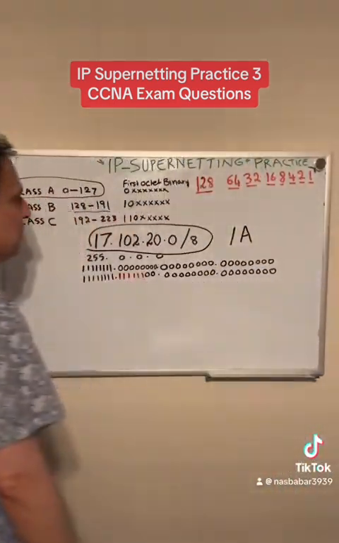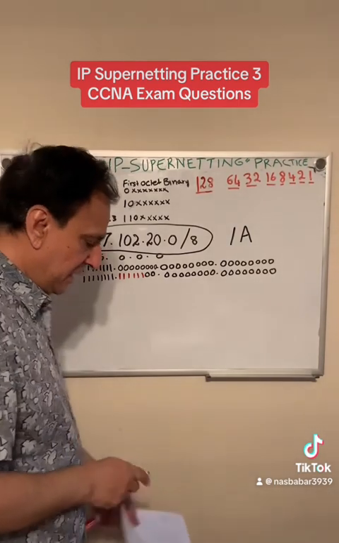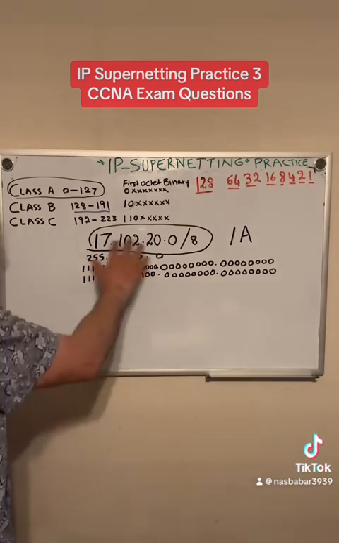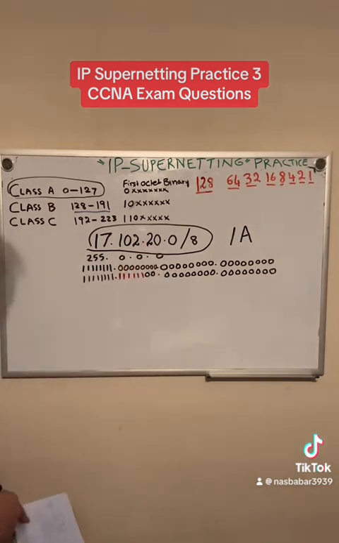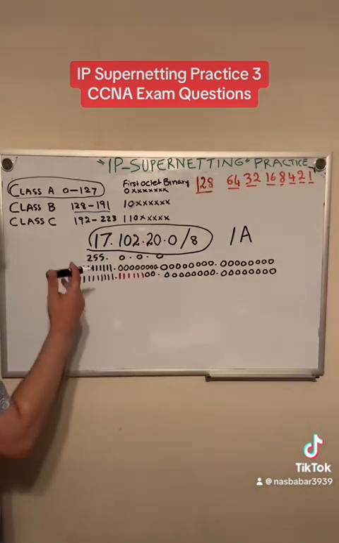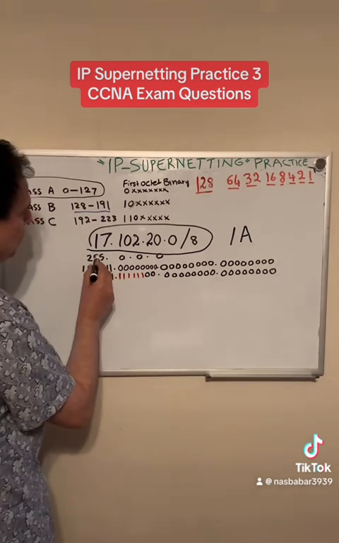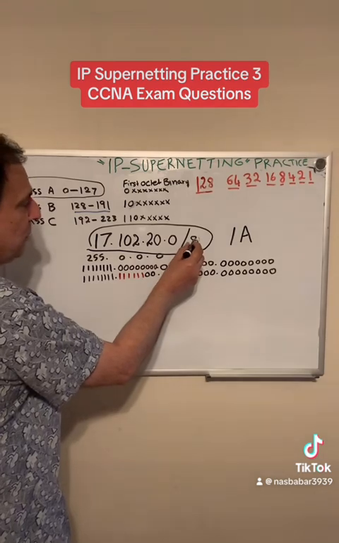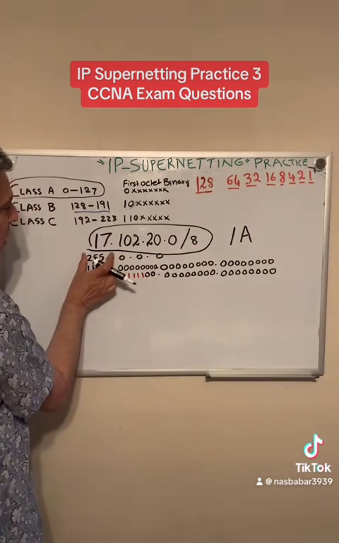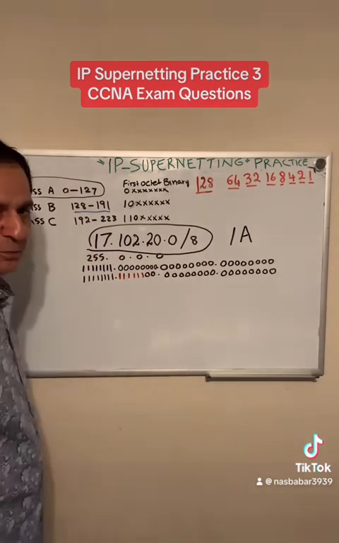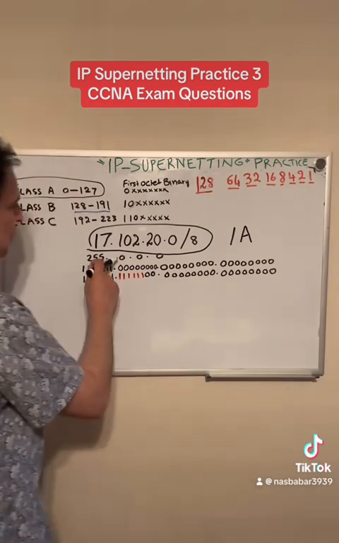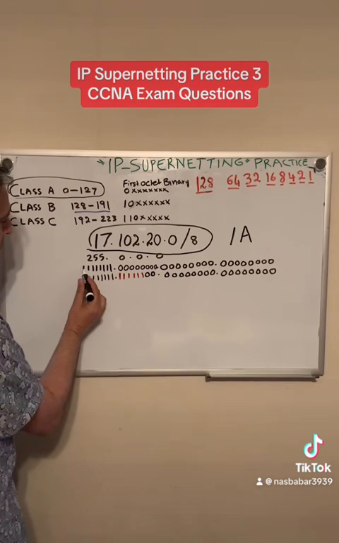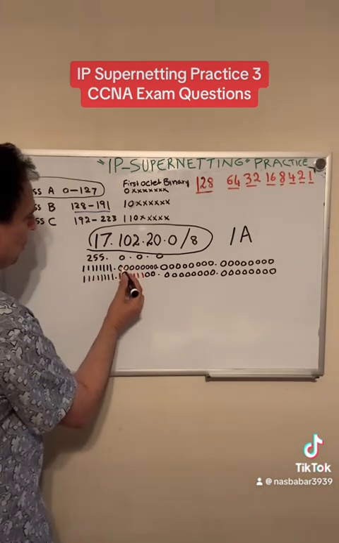So now we're going to tweak and try to see if we can get some supernets out of this subnet. We write down the subnet mask in decimal form, which is 255.0.0.0. As you know, the mask is 8, so the first octet has all ones. Let's transfer this into binary form. 255 is all ones, and the other three octets are all zeros.